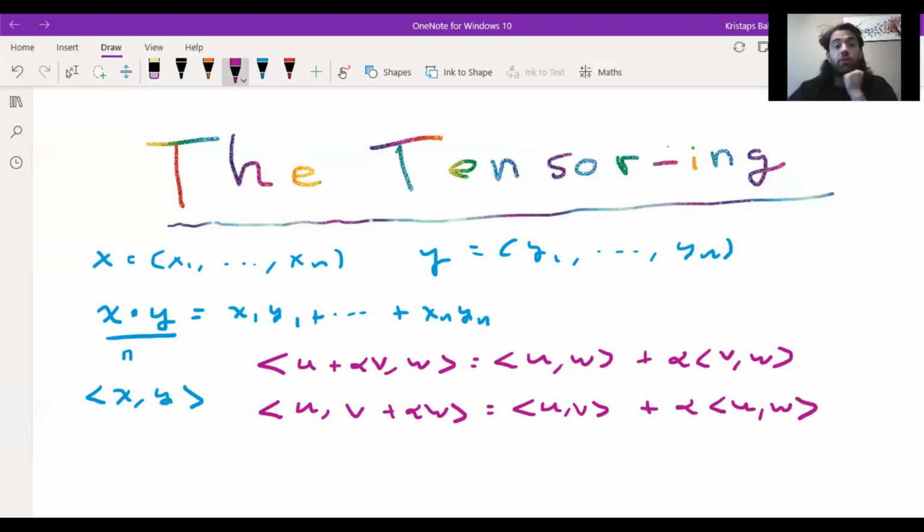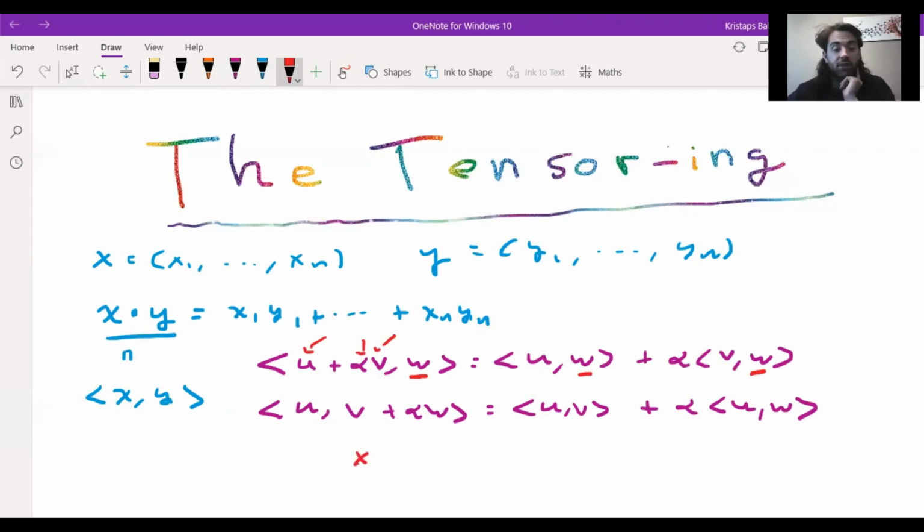In other words, if you imagine in this first example that we pick some vector w and think of it as being fixed, and then we think about being able to put any vectors u, v, and any scalar alpha in here, and you look at what is happening in this first component, what this is telling us is that this defines a linear transformation.